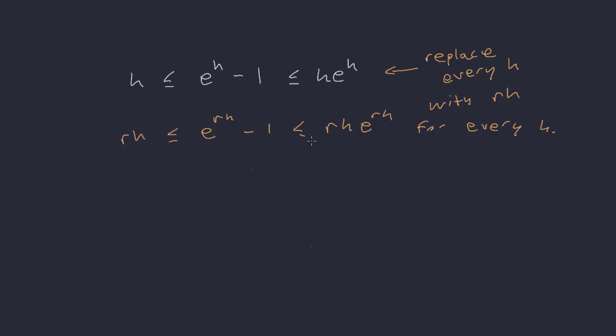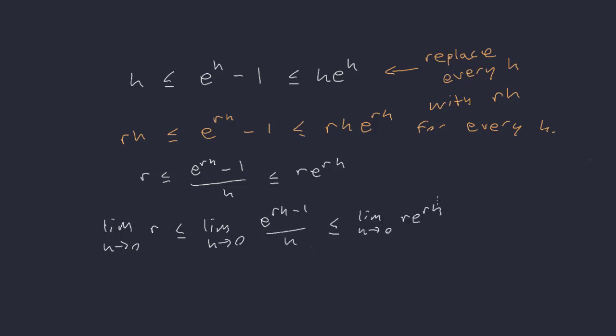now we can just divide through by h to get that r is less than or equal to e to the rh minus 1 all over h, which is less than or equal to r e to the rh. And now we can just take the limit as h goes to 0 of each of these pieces.